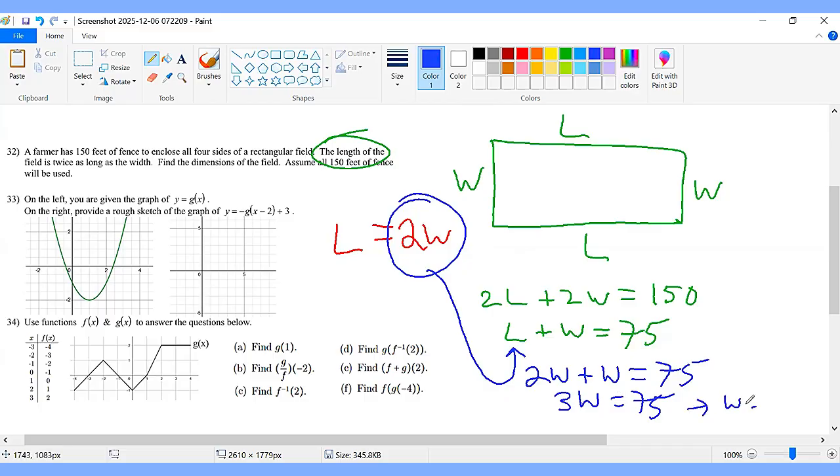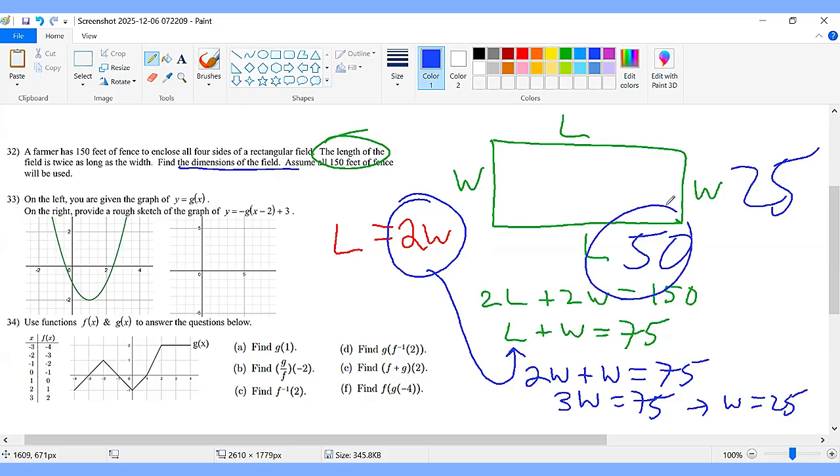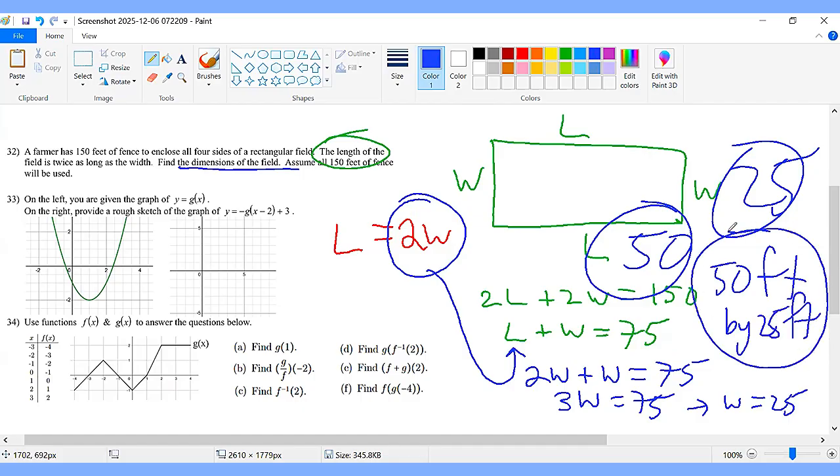That implies that w is 25. The width is 25. Now, the length is twice as much, so the length would have to be 50. And we're pretty much done because the goal was to find the dimensions. You got them: 50 by 25. So maybe you can say something like 50 feet by 25 feet as your final answer.